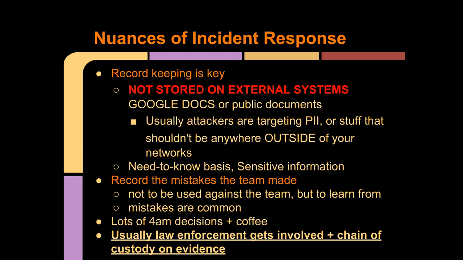And it should also be kept on a need-to-know basis because it possibly contains sensitive information that you haven't analyzed yet. There's going to be a period until you identify what was impacted and how that you're not going to know what the actual extent of the damage was to the system. So you should treat it always as a worst-case scenario in terms of keeping the information private and protected.